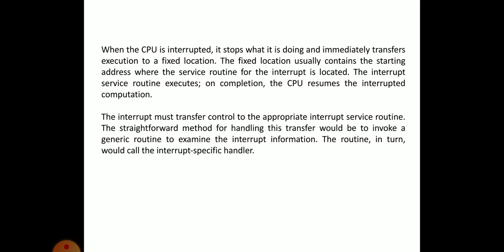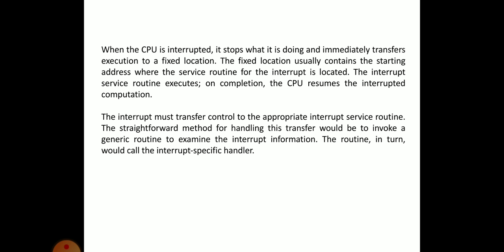The fixed location is the table which contains all the interrupt addresses, and all the interrupt service routines will be contained within the table. So the fixed location usually contains the starting address where the service routine for the interrupt is located. The interrupt service routine executes, and on completion the CPU resumes the interrupted computation.